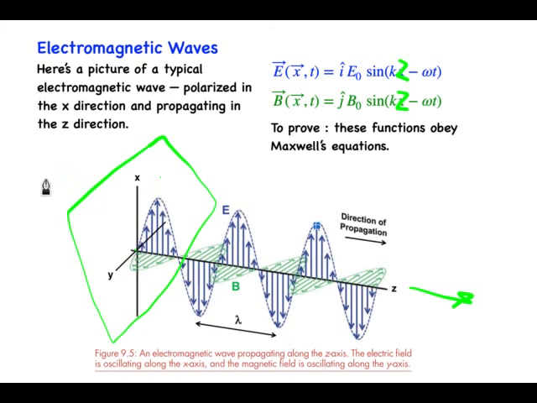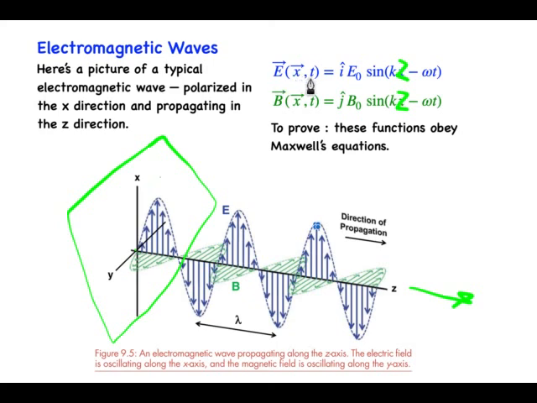It's a plane wave because the wave fronts, let's say the positions where the wave is at its crest, are planes parallel to the xy plane. So that's a typical kind of electromagnetic wave, polarized in the x direction, propagating in the z direction.